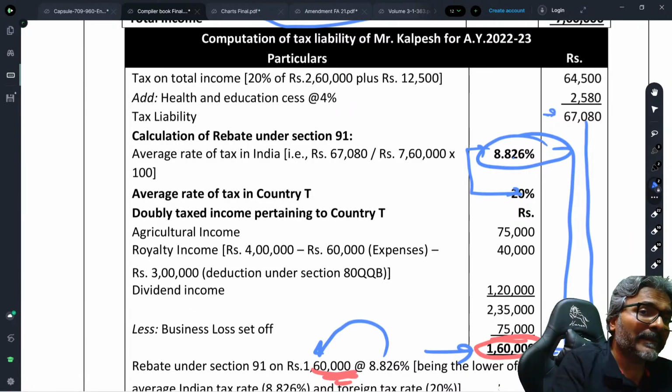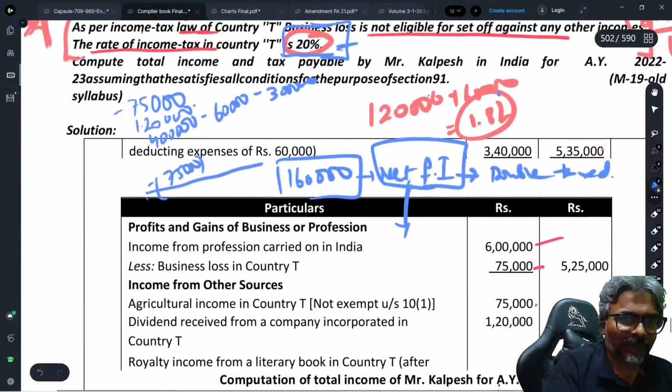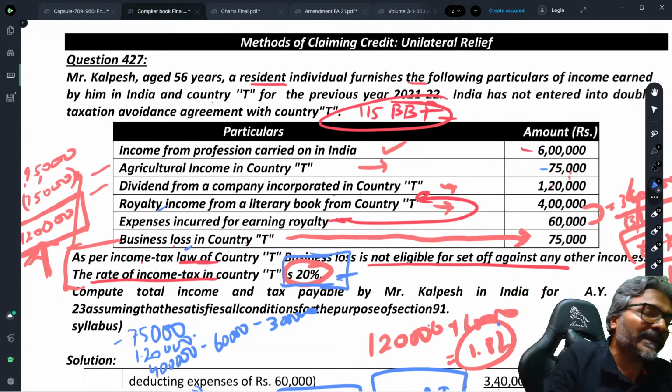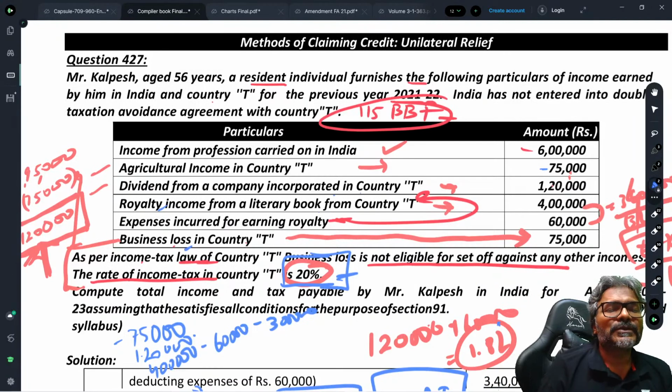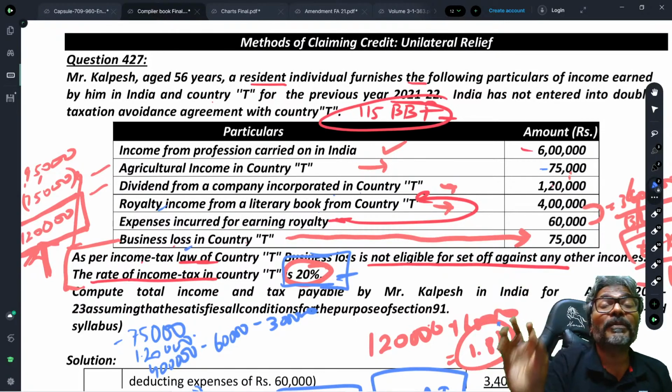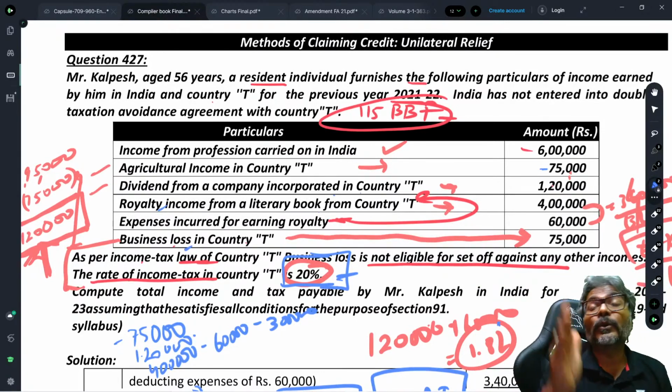Now, at the same time, this question was given to you for only one country. But what if the question is for 2 countries? Then for each country, you will do a separate calculation. From that country, what is the portion of the foreign income on which there was double taxation in both the countries? You will select that foreign income, and on it apply the lower of the 2 rates.